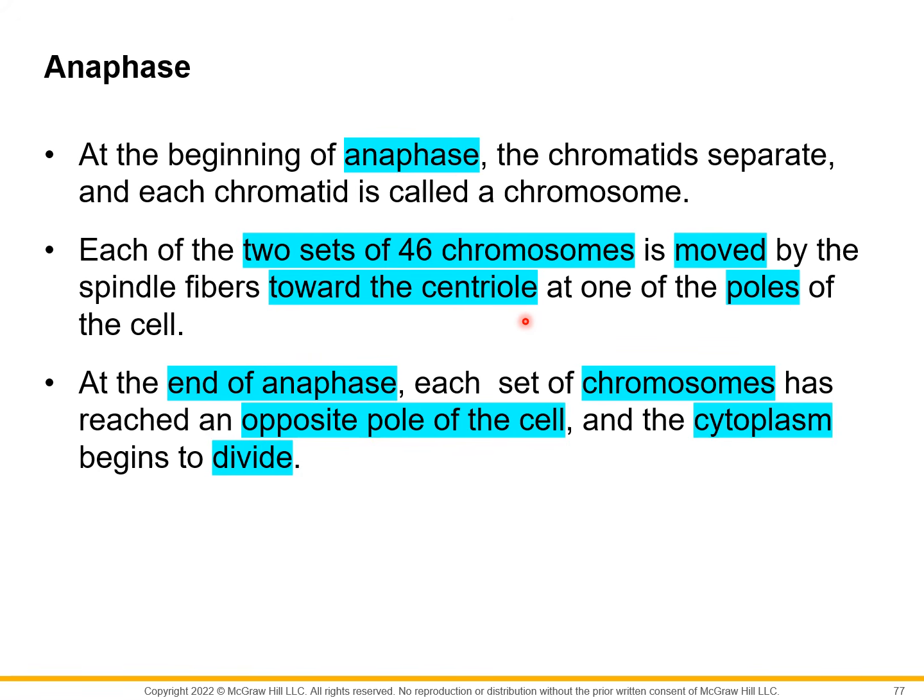So dito po, yung genetic material daw, or the chromosomes, are now moving closer to the centrioles. So at the end of the anaphase, each set of chromosomes have now reached the opposite pole of the cell, or kung nasaan nakalocate yung dalawang magkaibang centrioles. And the cytoplasm would now begin to divide, or maghahati na daw sa dalawa yung cytoplasm nung isang original cell.